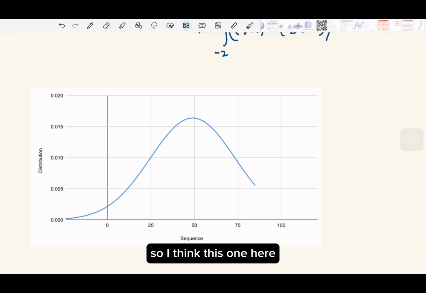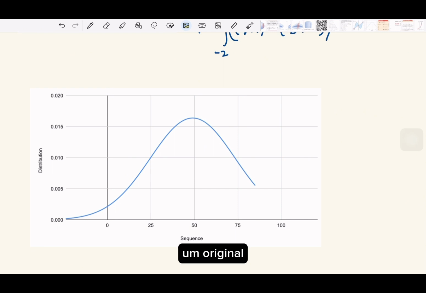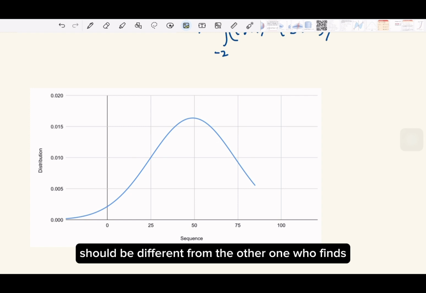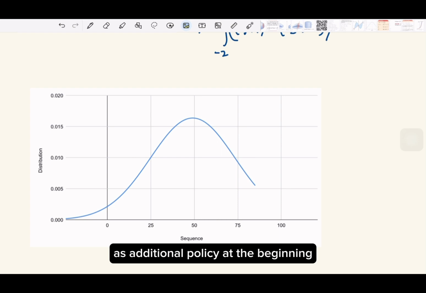So I think for this region here, for the original midterm, if they already get at least 70 and take the makeup exam, the percentage should be different from the others within this range. I should have made this an additional policy at the beginning, but I forgot to mention that.